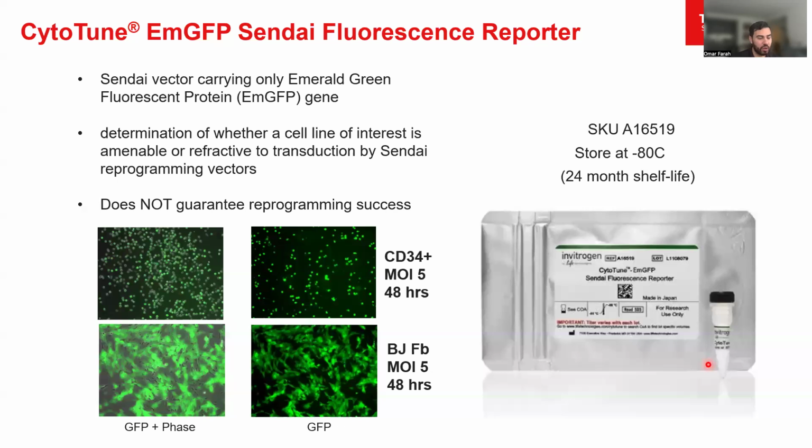And I would caution away from that, or recommend that not be done, because Sendai viral particles will compete over the receptor, basically, that they bind to. So adding a Sendai virus that's not going to actually do the reprogramming is going to probably lower your efficiencies there.